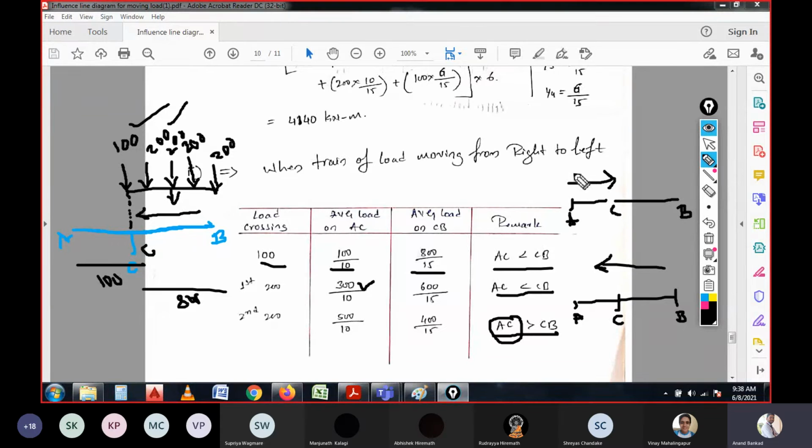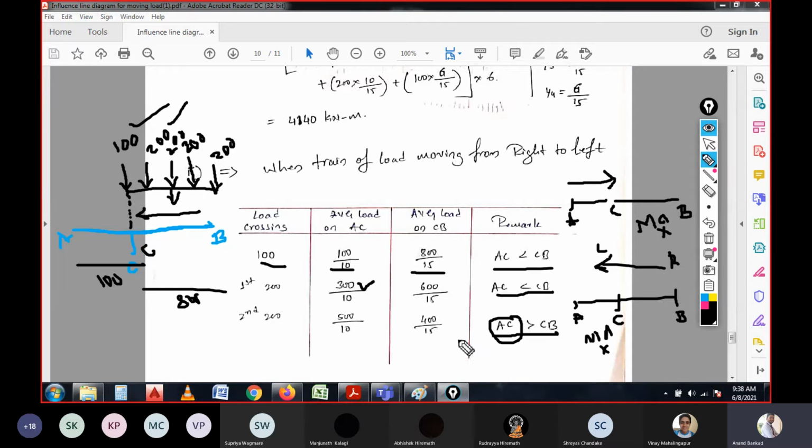When the load is moving from left to right, we considered the maximum average load on the span of BC or CB. But when the load is moving from right to left, the average load on AC should be maximum. That means whenever the load is moving in the forward direction, the span in front of the load is to be considered with the maximum coefficient value.